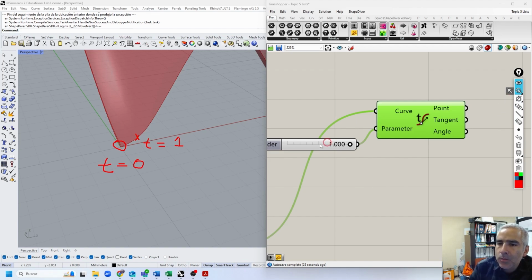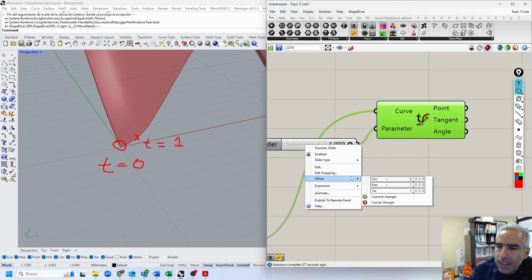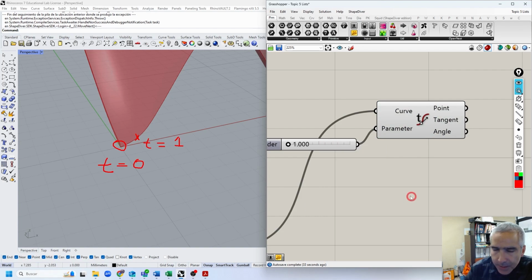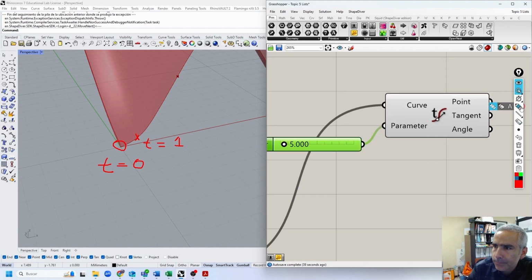If I increase the range, for example, to 5, you have parameter t equals 5.